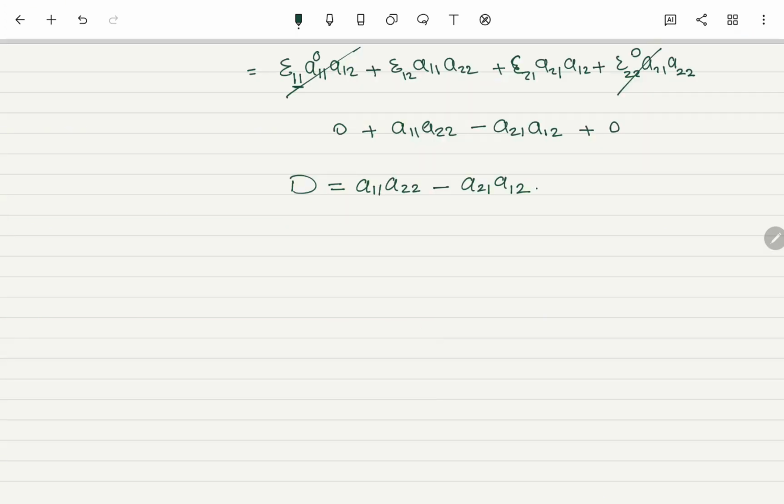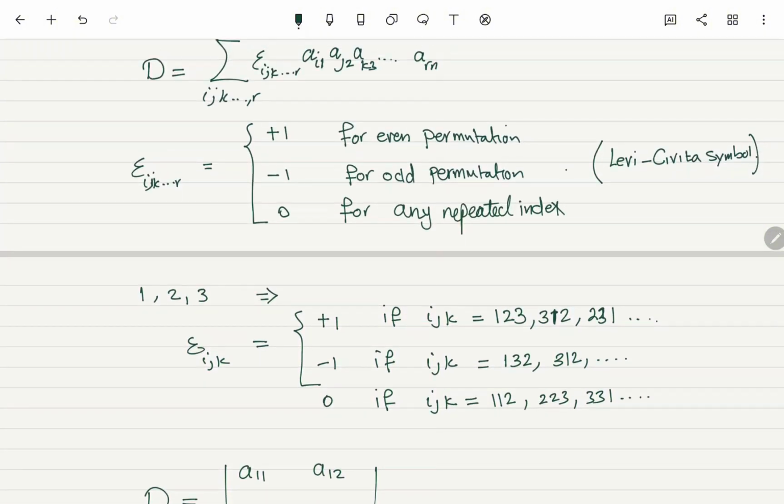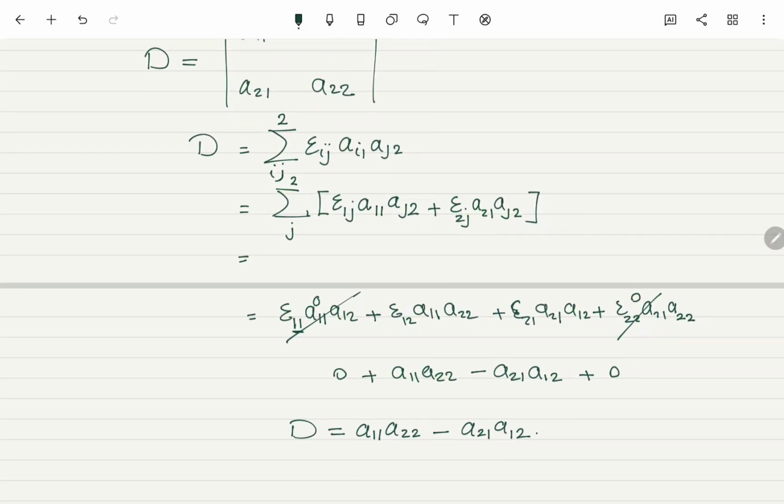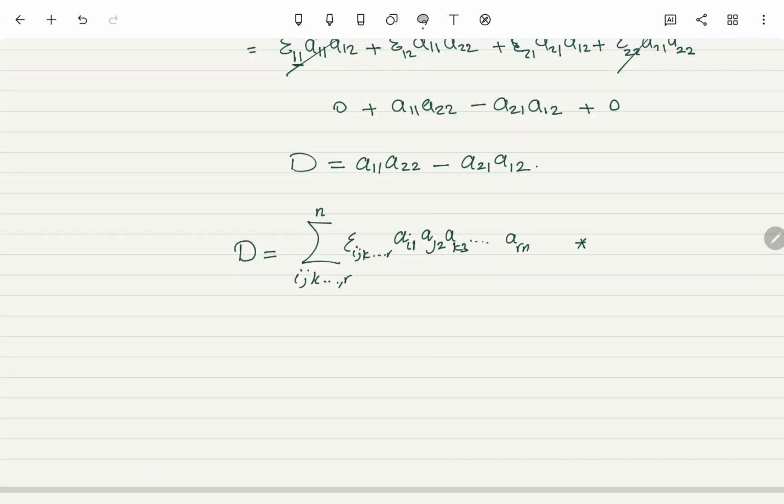Now let's apply the same rule for a third order determinant. So n in this case is equal to 3. I just copy it here. Now let's apply this equation for a third order determinant, n equal to 3.